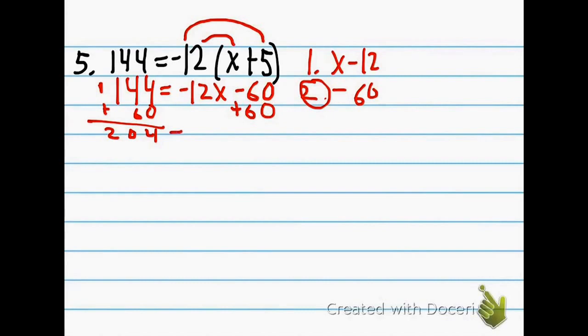So 204 equals -12x. So instead of multiplying by -12, we have to divide by -12.